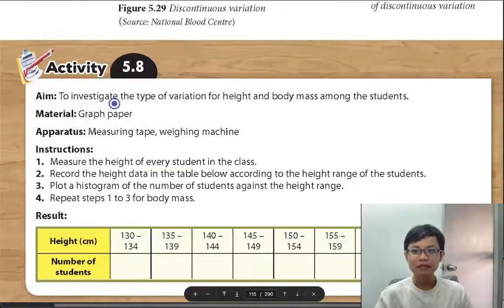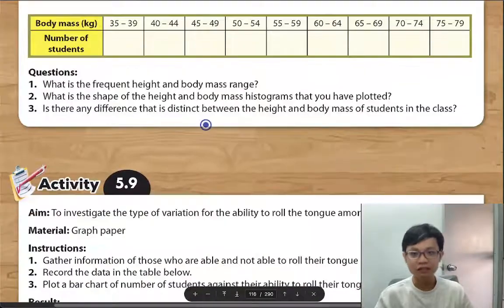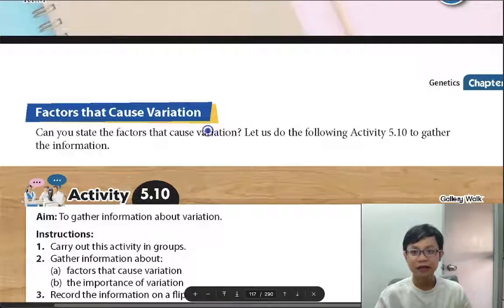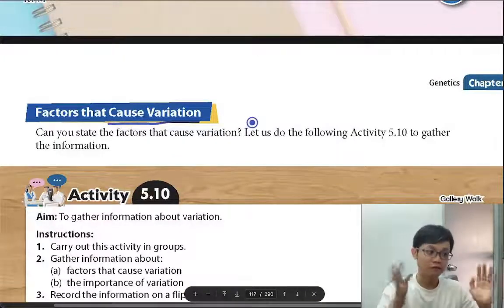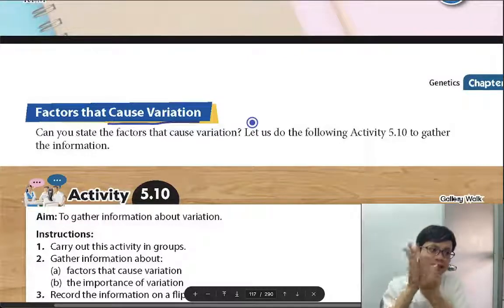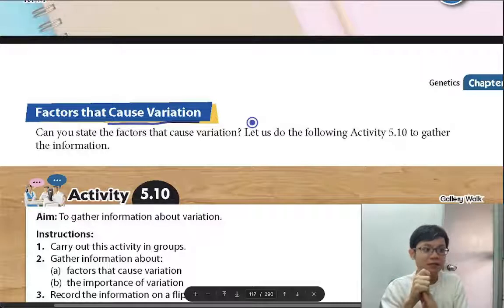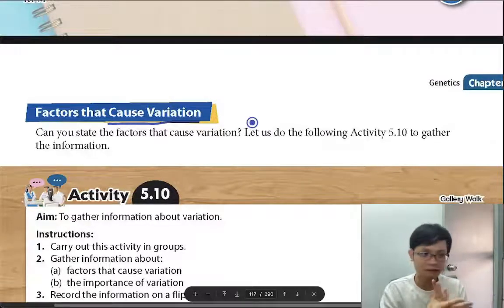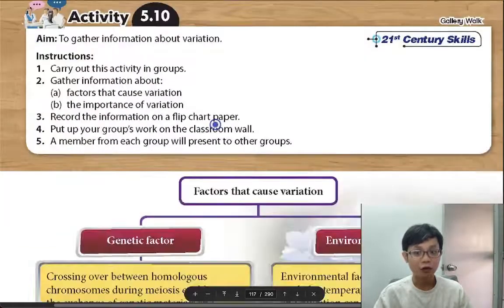So these are continuous variation, discontinuous variation, and the factors that cause variation, which we already learned. We don't want everyone's face to be the same. The son's face is a little bit like the father and a little bit like the mother, but not 100% the same as either. Why?